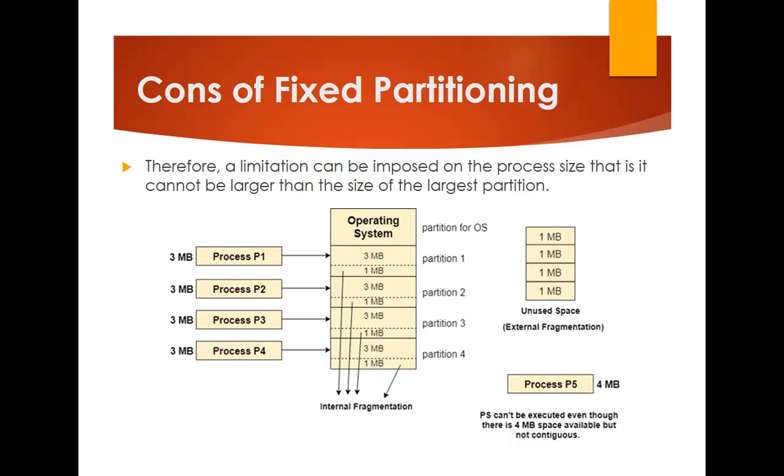So instead of putting 4 processes, we can put 5 processes. If we put more processes in the system, our degree of multiprogramming will increase and CPU utilization will increase. Let me just draw it for you.